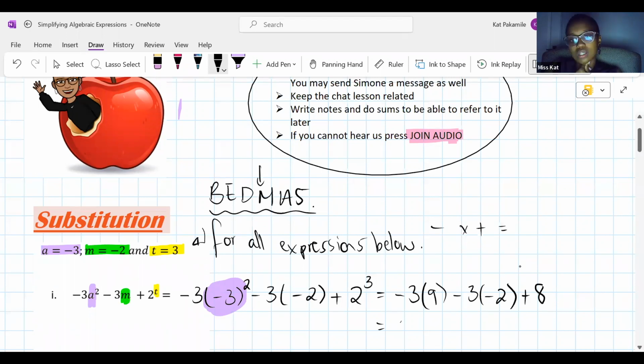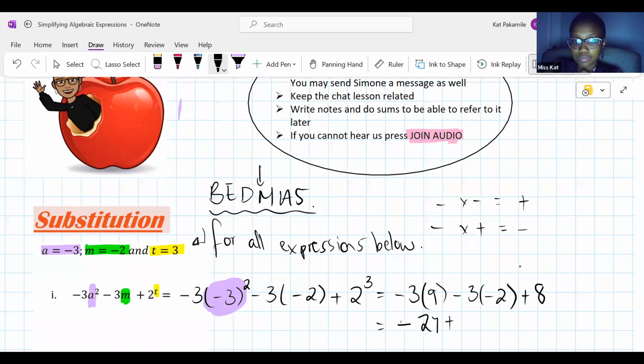So we're going to have a negative answer. What's 9 times 3? 27. Beautiful. Now we have a negative and a negative. What does that give you? A positive. So we're going to have plus 3 times 2.